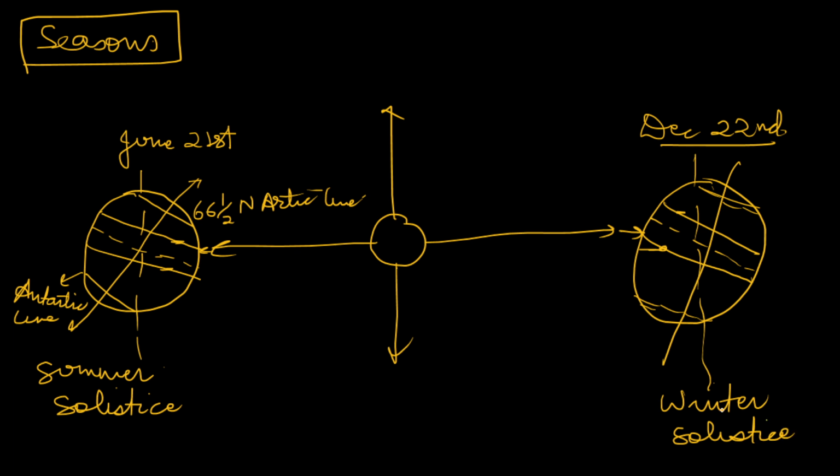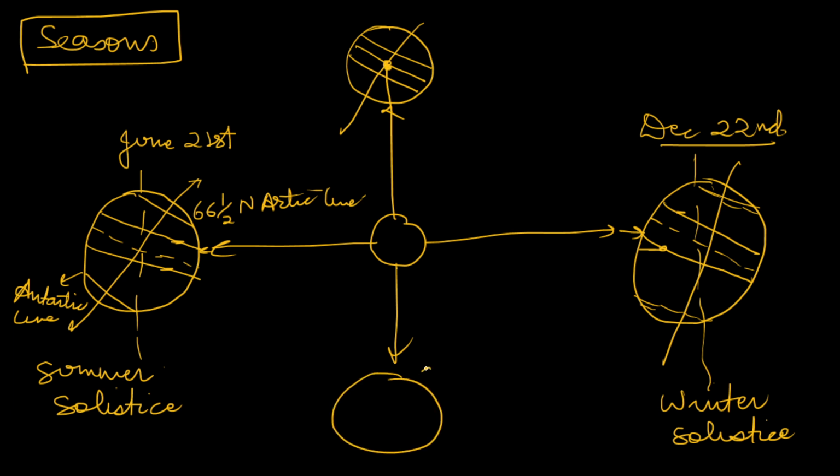And similarly, we have two equinox also. What happens in the equinox, the sun is directly falling on the equator. Similarly, in this equinox also you will find that the sun is directly falling on the equator only.